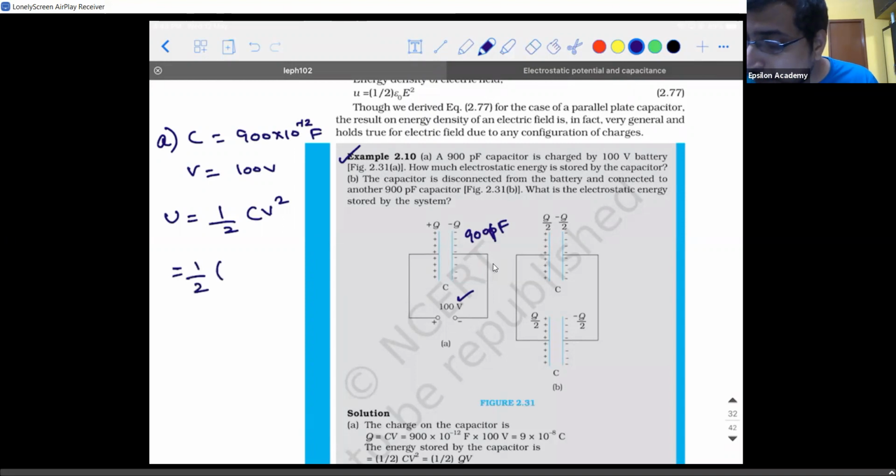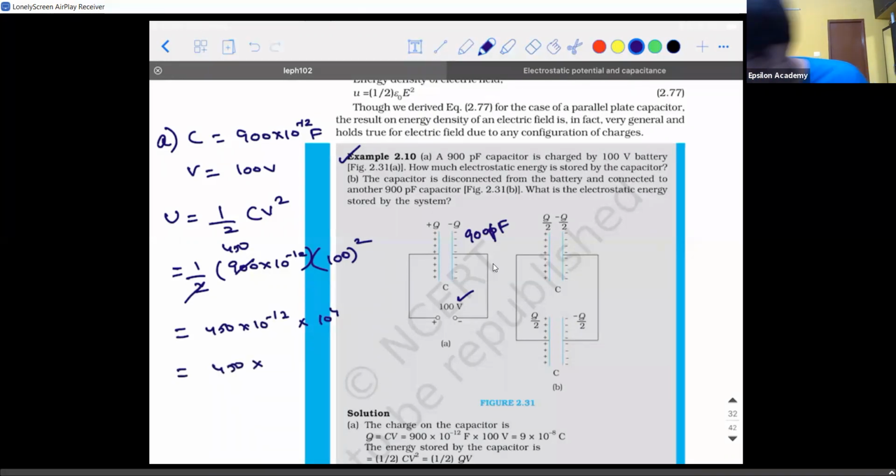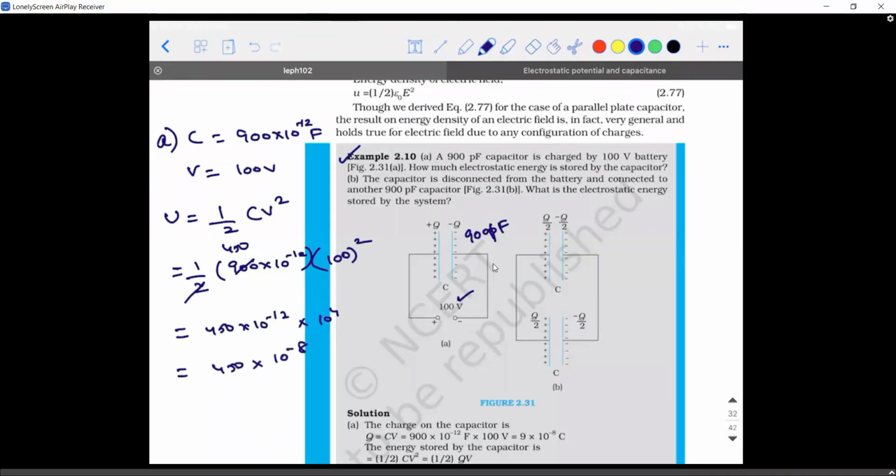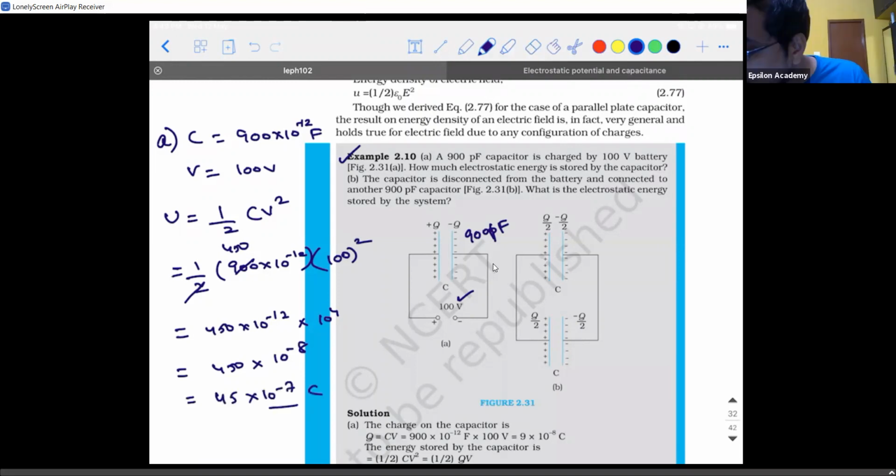So half into C is how much? 900 into 10 power minus 12 into V square, 100 square. So it is going to be 450 into 10 power minus 12 into 10 power 4. So rather 450 into 10 power minus 8, or I can write it as 45 into 10 power minus 7 joules. Energy is measured in joule.